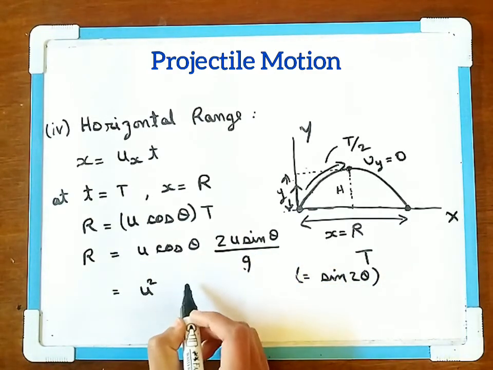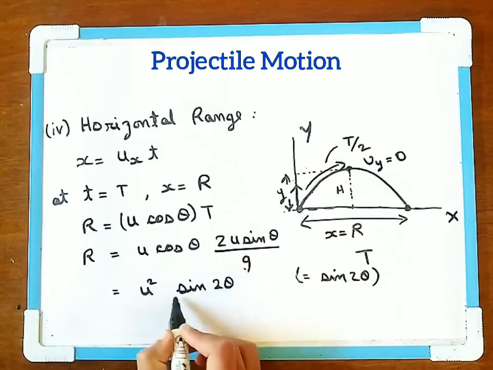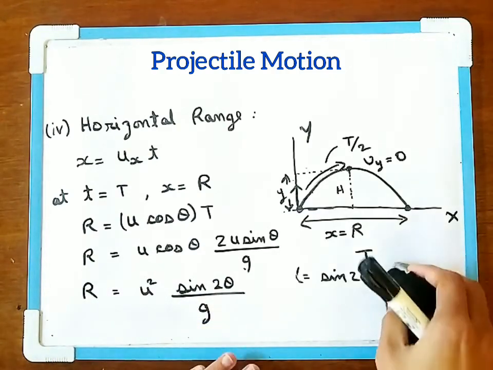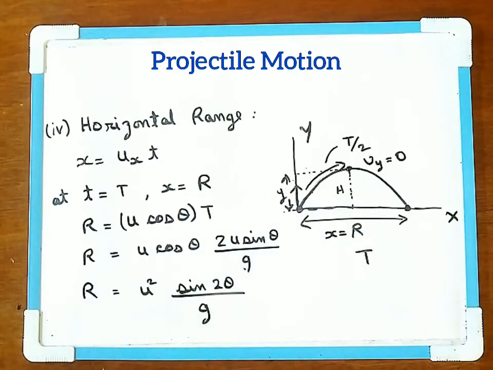So here we have sine 2 theta by g. So this would be the horizontal range of the projectile, expression for the horizontal range of the projectile.